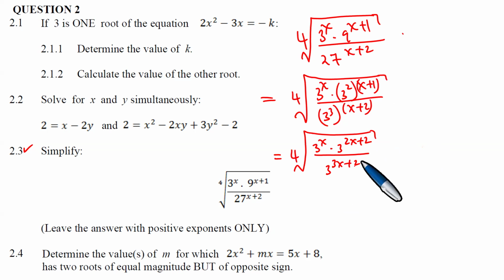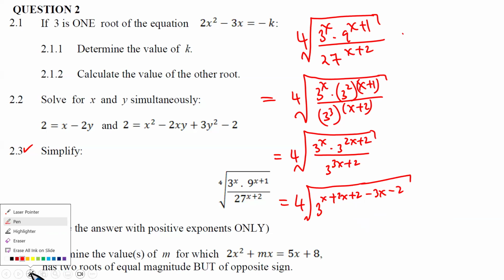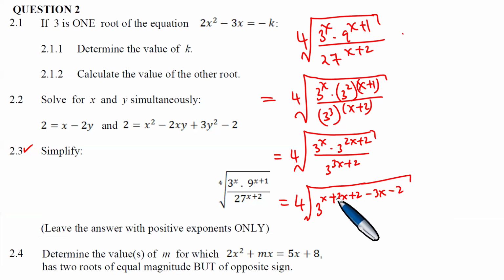Okay, because we've already written everything to the base 3 under the root, so 3 to the power x plus 2x plus 2 minus 3x minus 2. Okay, yeah, we have that. Which is this. Which is the fourth root.